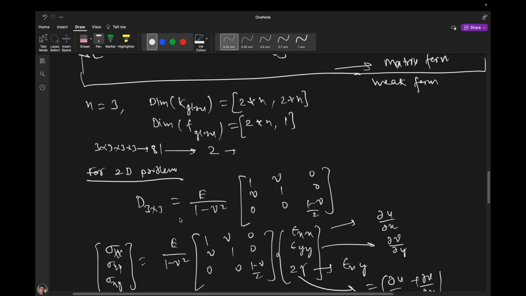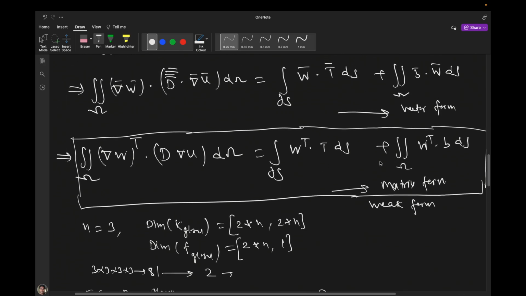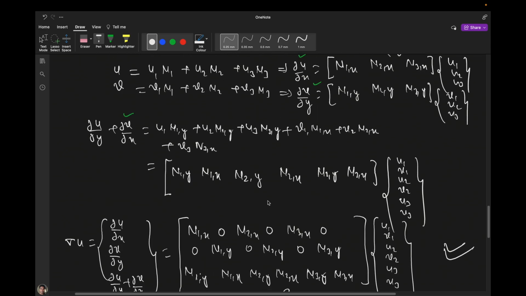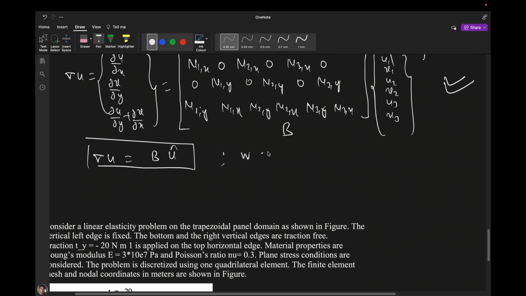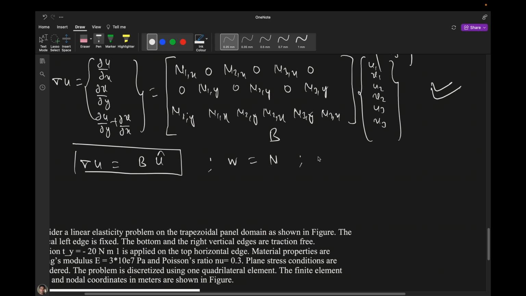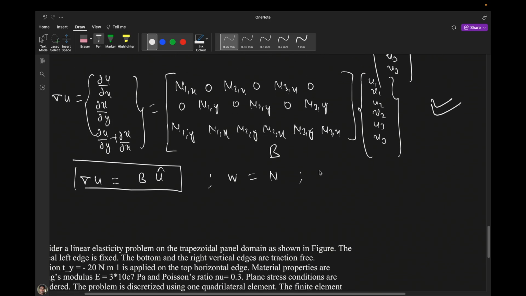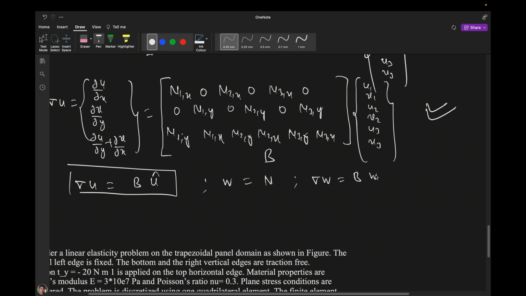Now what else is left? So everything is done. We can directly use w. What is w here? w is simply N. And delta w is the same, that will be B w bar.